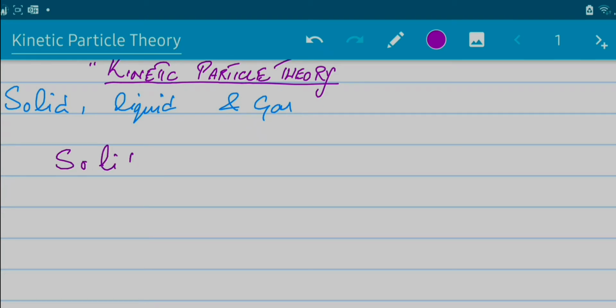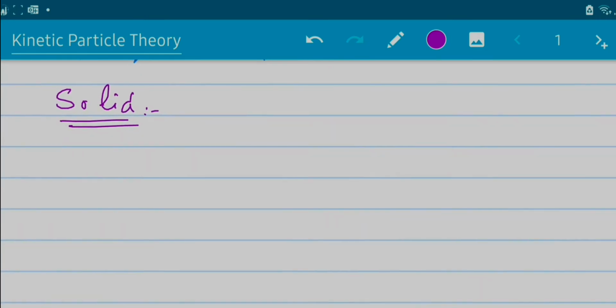So our first state of matter is a solid, and there are many properties of solid. First of all, we will list those properties. As we know, the particles in a solid are tightly packed and close together. As they are close together, a solid becomes a solid. So our first property is they are tightly packed.